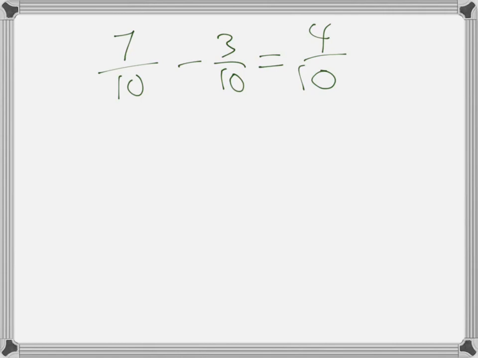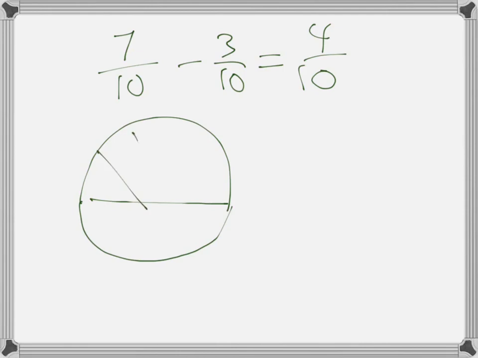Because it's true, right? Just think about a pie or anything in the real world. There's a pie, the best drawing I can do in that period of time. There's 10 pieces of pie.